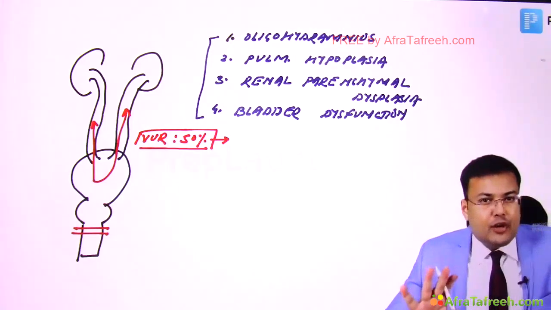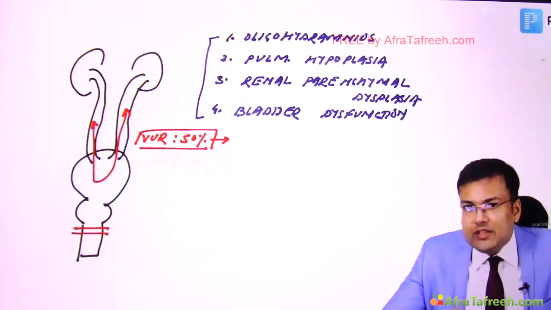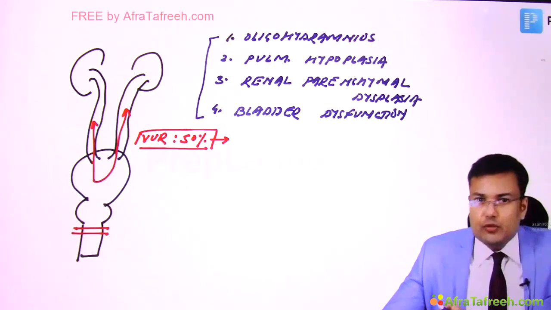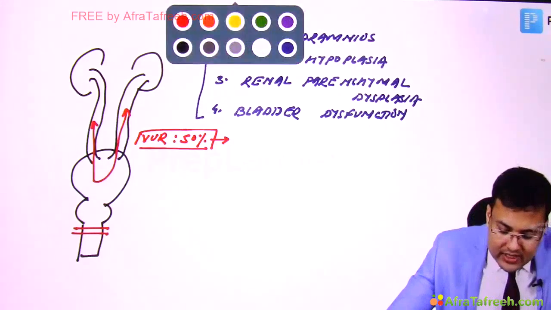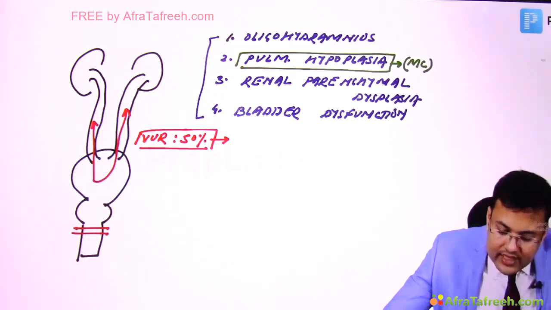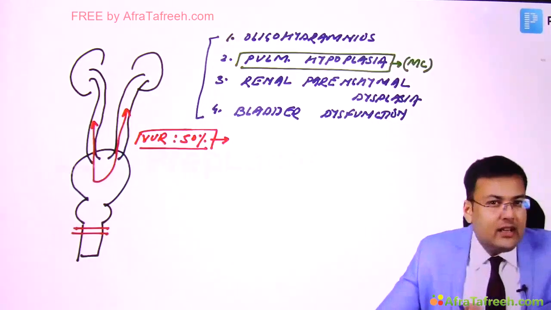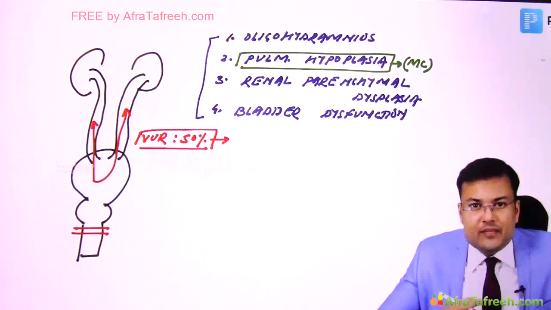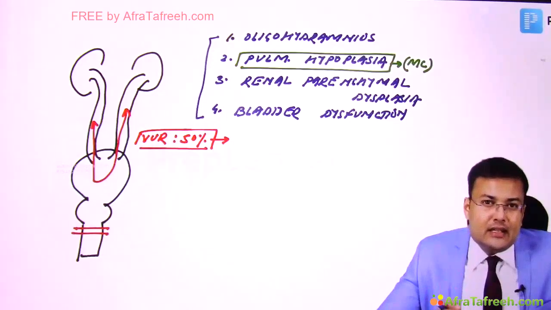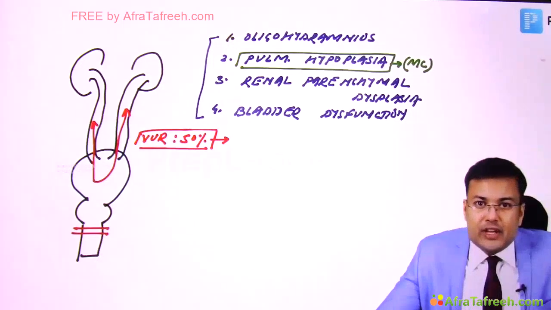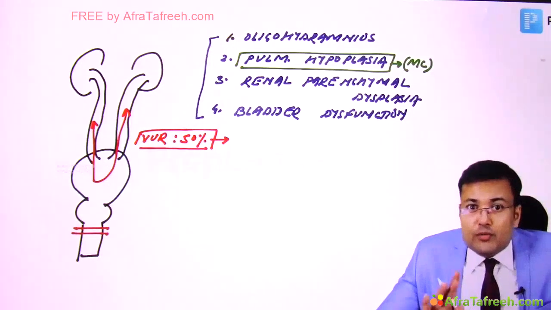Now, out of these four options, one question is asked: which one is the most common cause of death in posterior urethral valve? The correct answer is pulmonary hypoplasia. When we were discussing congenital diaphragmatic hernia in the esophagus chapter, we discussed that in congenital diaphragmatic hernia also, the most common cause of death is pulmonary hypoplasia, and it was the poor prognostic factor.